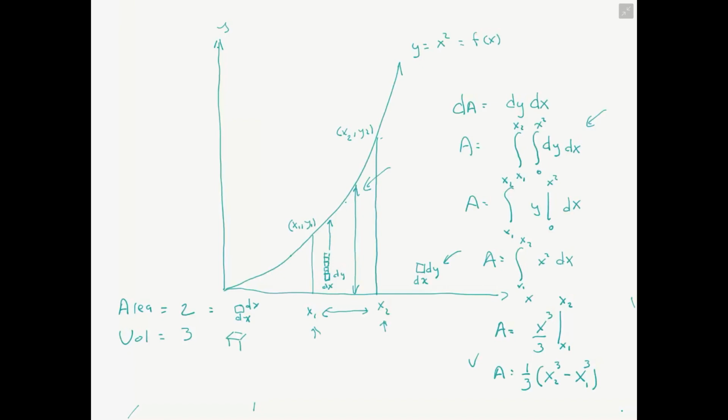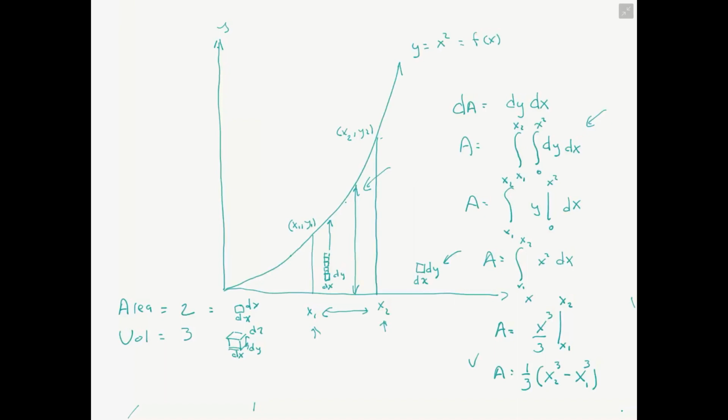And in volumes, we have dx, dy, dz. We got 3 dimensions. And that's dz, dy, and dx.